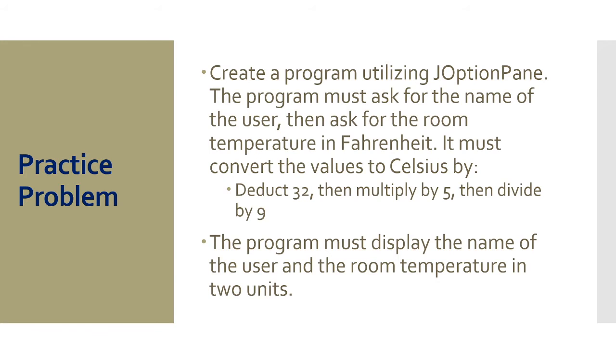You need to create a program utilizing JOptionPane that asks for the name of the user, then asks for the room temperature in Fahrenheit, and converts the value to Celsius by deducting 32, then multiplying by 5, then dividing by 9. The program must display the name of the user and the room temperature in two units, Celsius and Fahrenheit.